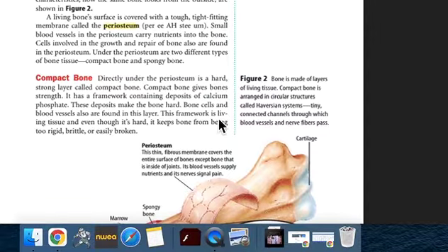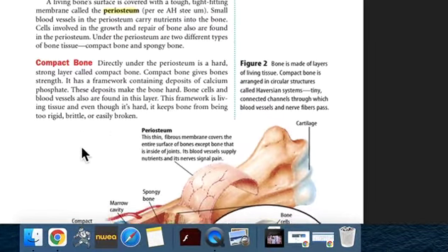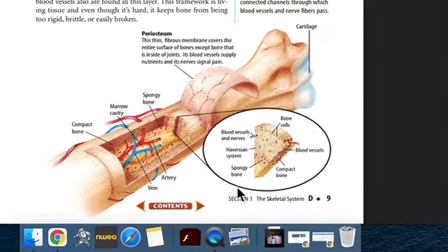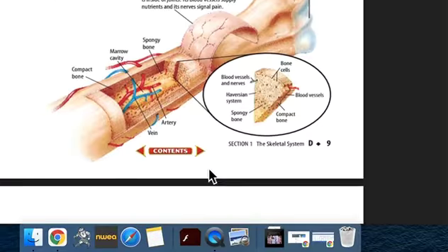This framework is living tissue, and even though it's hard, it keeps bone from being too rigid, brittle, or easily broken. And there's a delightful graphic there with spongy bone, marrow cavity, compact bone, the arteries, the veins. It's all shown right there to show that bone is a living part of you.